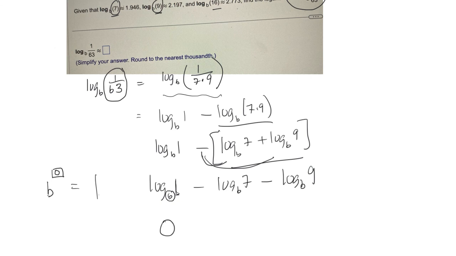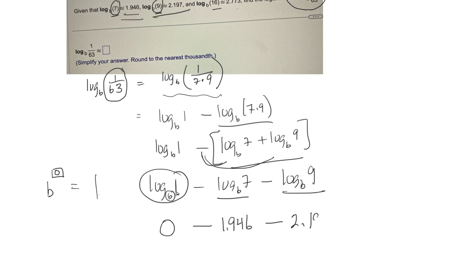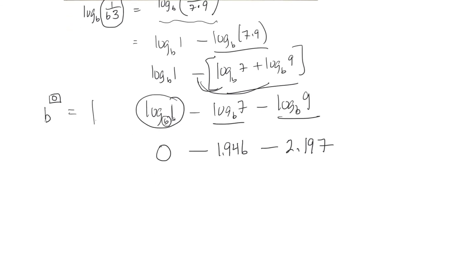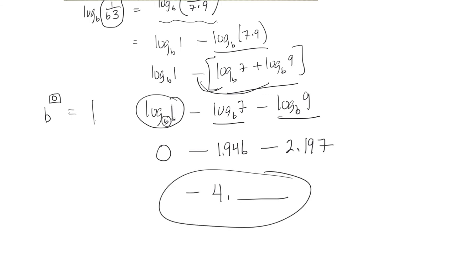So this value is just 0, minus log base b of 7, which is 1.96946, minus log base b of 9, which is 2.197. If I do that on the calculator, it'll come out to negative, I don't know, 4 point something. You can do it on the calculator, but it'll be about that. Okay, hopefully that helps you with those three questions.